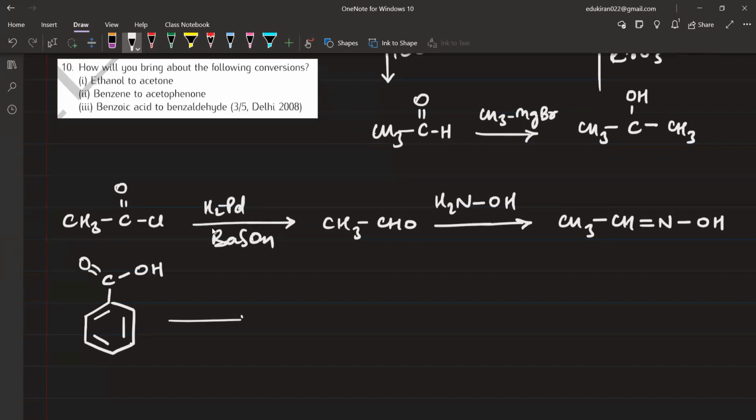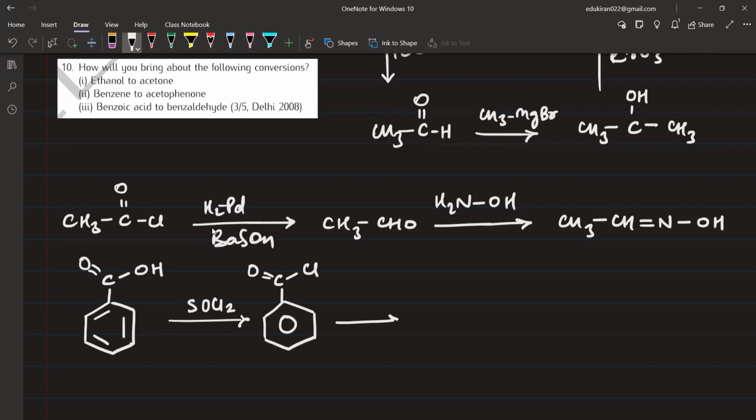Okay. Now, if I react this with thionyl chloride, SOCl2, then this OH group will be replaced by Cl. The C=O is as it is, and OH will be replaced by Cl. Okay.